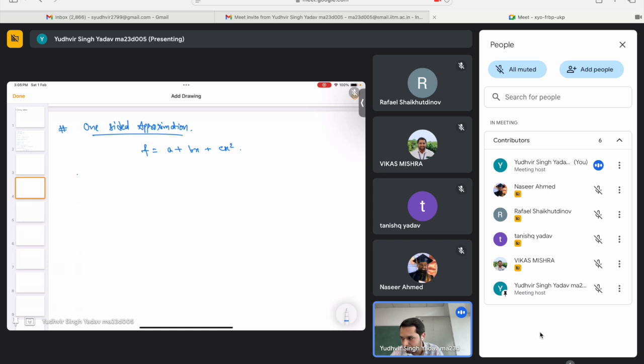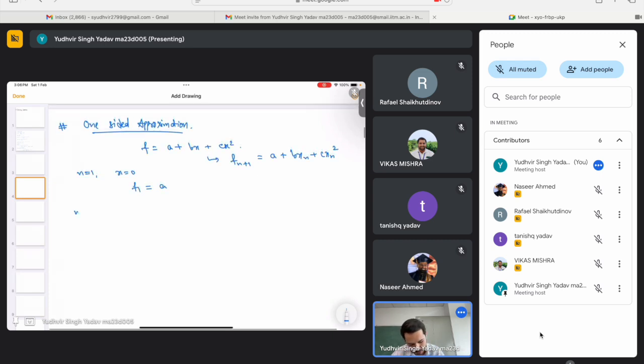If we want to solve at n equals 1, that is at x equals 0, then we will have f1 equals a. This scheme can be written as f(n+1) equals a plus b xn plus c xn square. Here we try to find the iteration at n equals 1. So from here we get f1 equals a.